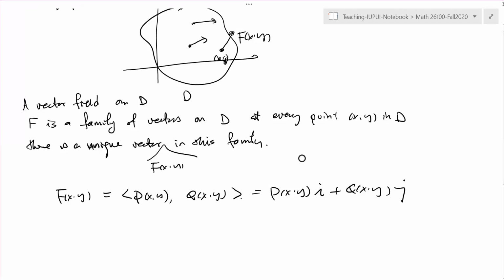But if you want to describe that vector, you have to use two functions, P and Q. It depends on the point. So that's a description of the vector field.